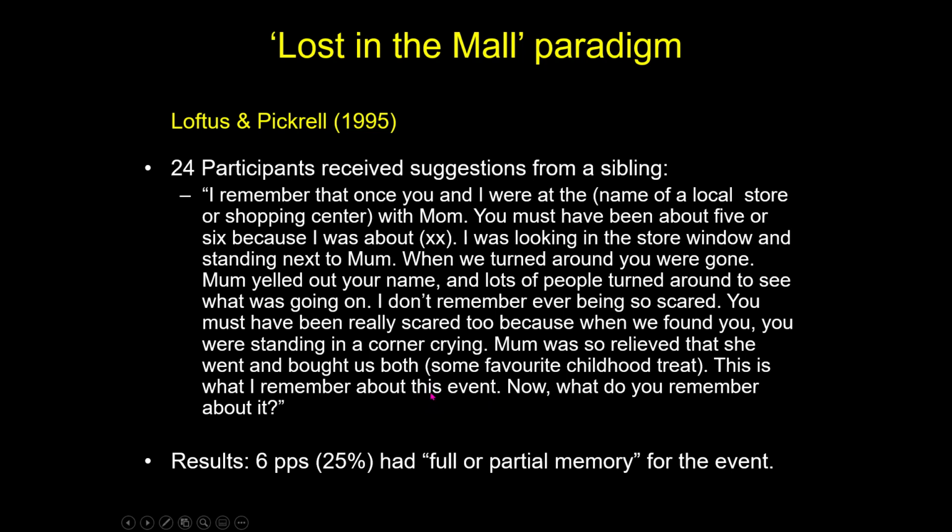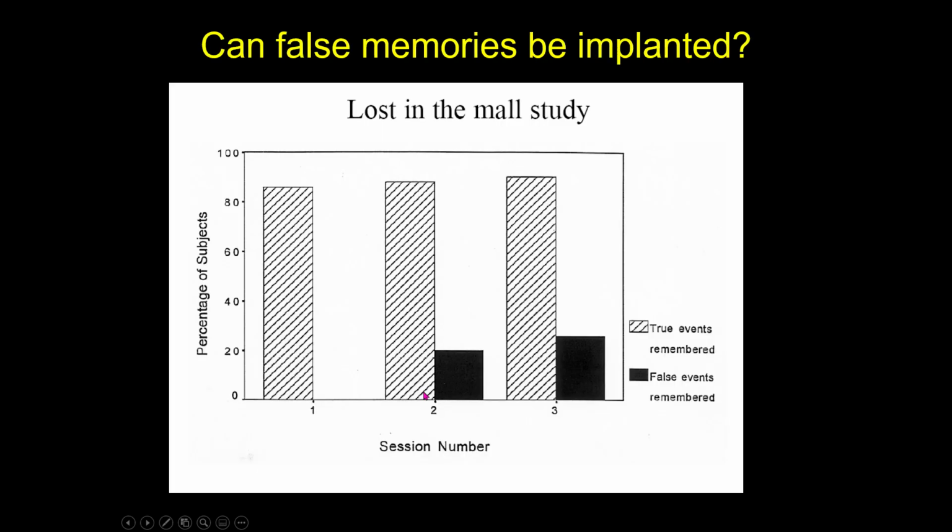Now, the participants might initially say, actually, you know what, I can't remember that. But they repeated that in a number of different sessions. So in this study, they came back 3 times, and they were asked each time to remember about when they were lost in the shopping mall. Now, they were also asked about true events, and you can see that the participants generally had good memories for the true events in each of those sessions.